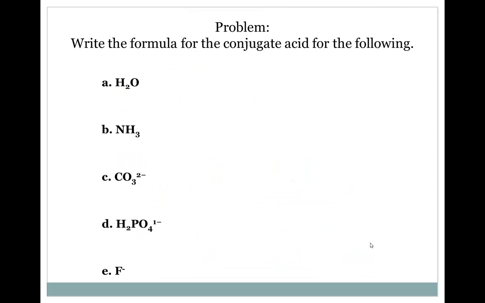Write the formula for the conjugate acid for the following. So, that means this is the base, and we're writing the conjugate acid. So, a base gains a hydrogen. H2O becomes H3O. NH3 becomes NH4. Notice this plus here is from the plus up here.